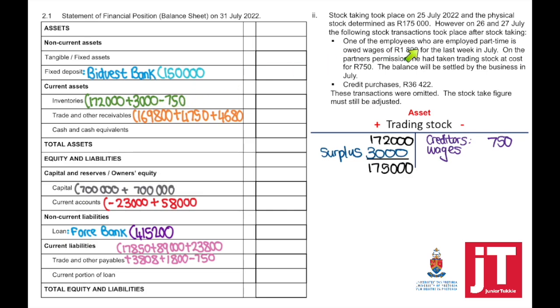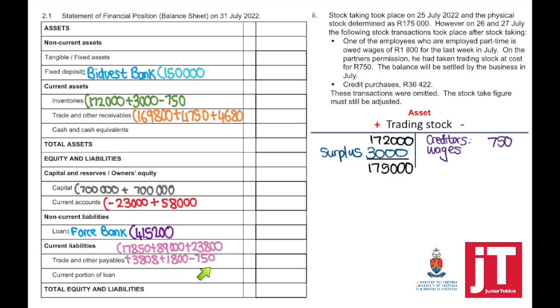But now we need to show that this employee was owed 1,800. But because he took trading stock to the value of 750, it means trading stock would have been credited and creditors for wages would have been debited, which means our liability will decrease with 750.